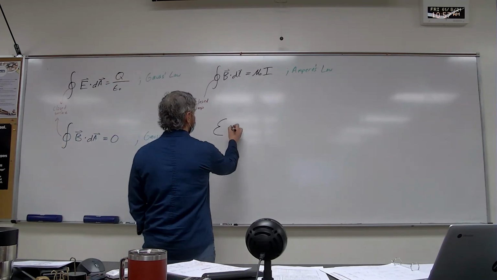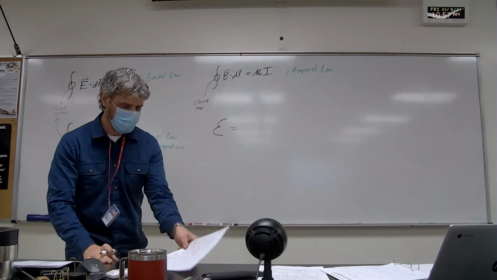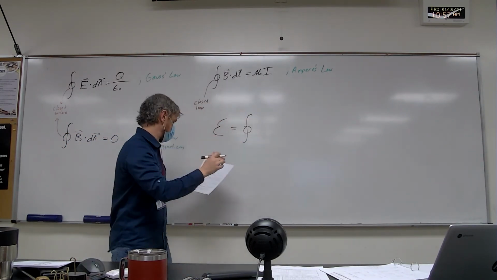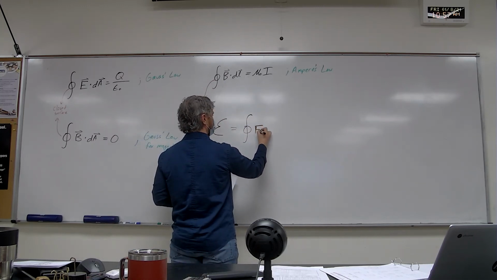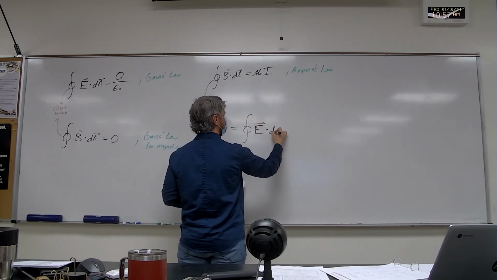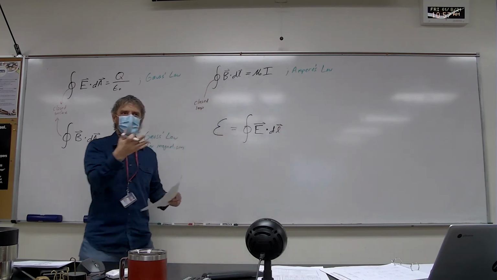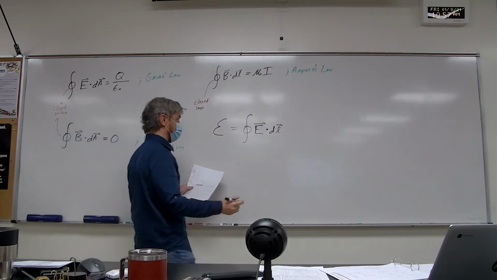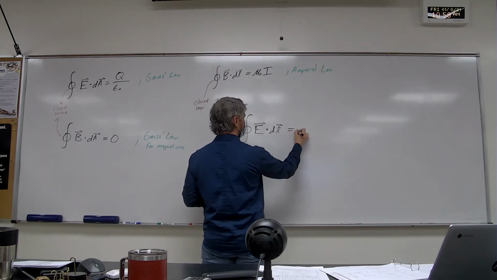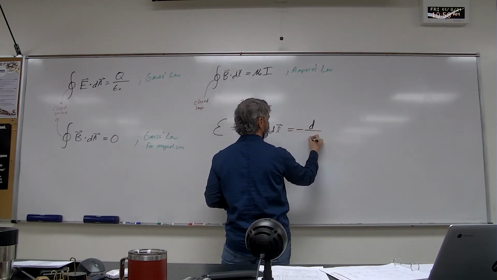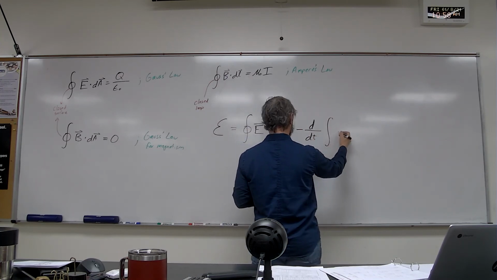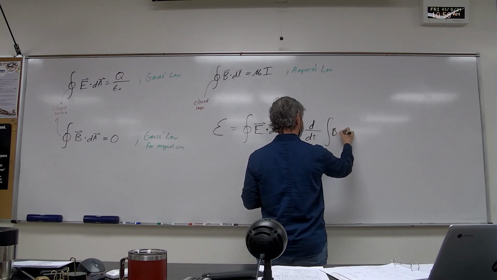It is equal to the integral of the electric field dotted with dl, again in a part of a wire that has electric current running through it, and that's also equal to the negative derivative with respect to time of the integral of B dot dA.